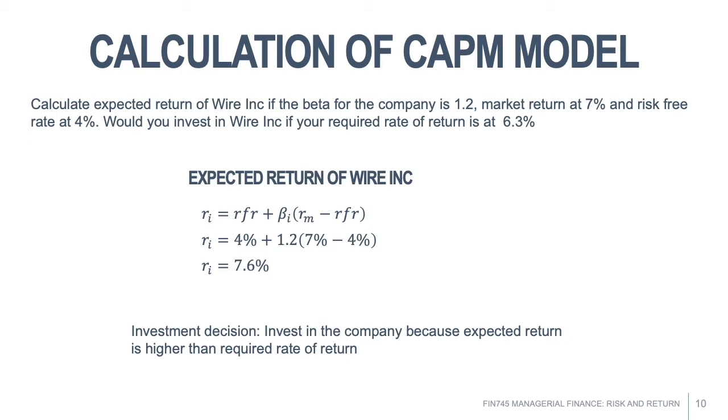You plug in all the figures. RFR is 4%, beta I is 1.2, 7% is the market return, so you get 7.6%. That means the return given by this company is 7.6% and your target return is 6.3%. So you should invest, because this company offers a higher return compared to your target return.